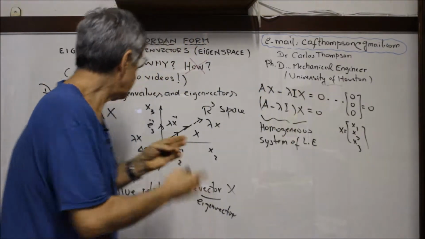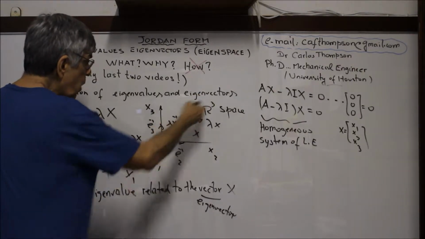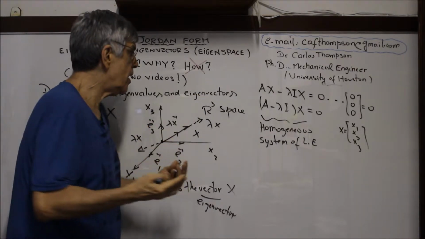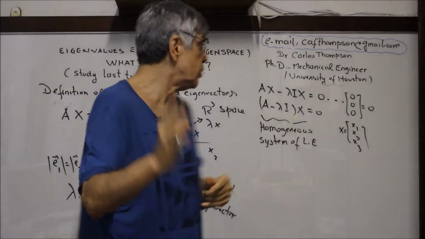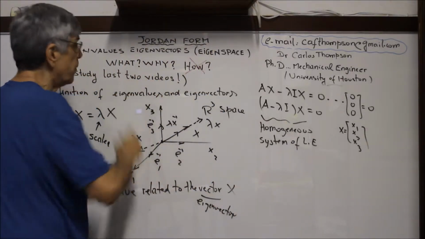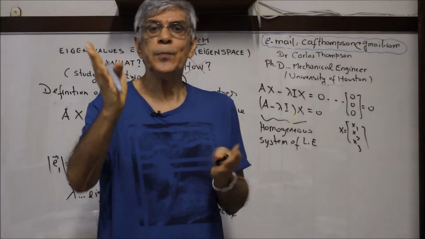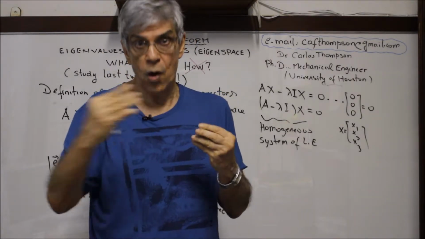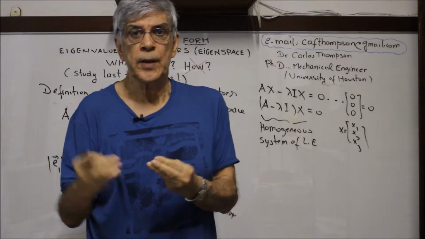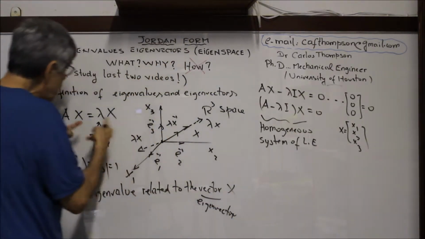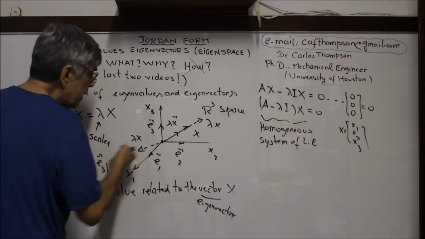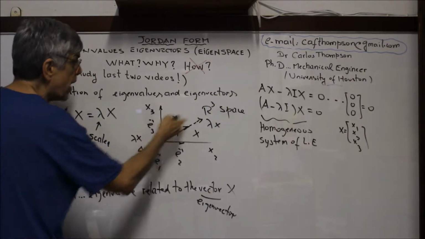When you have a unique solution, it's called the trivial solution. We don't want the trivial solution, because we want many solutions in this direction.